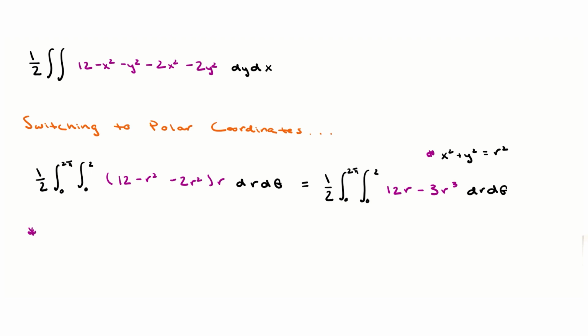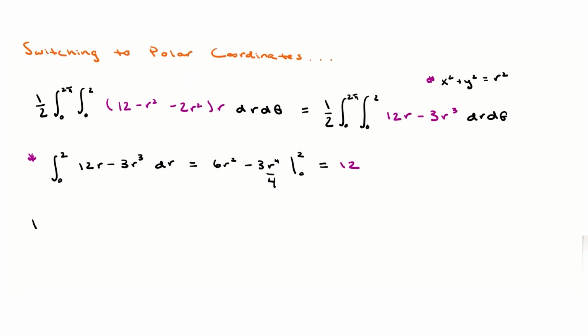And now we'll evaluate our inside integral. We've got the integral from 0 to 2 of 12r minus 3r cubed with respect to r. And this equals 6r squared minus 3r to the fourth over 4 from 0 to 2. And this simplifies to 12.